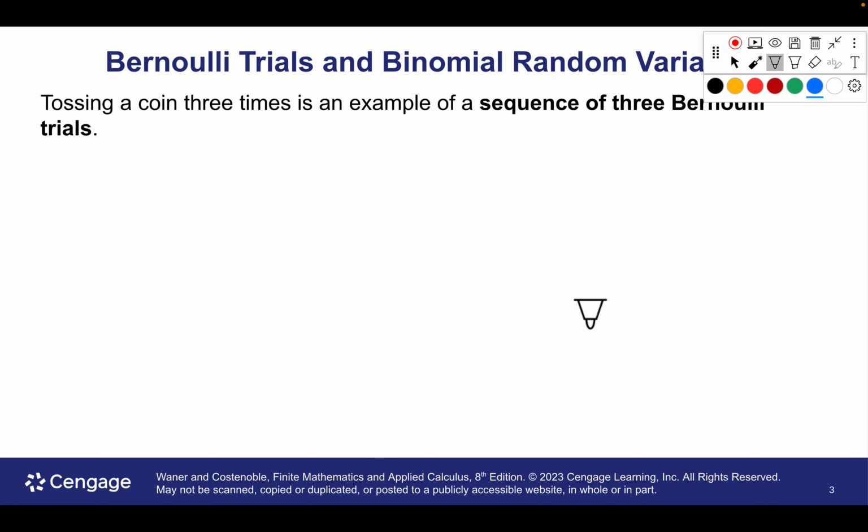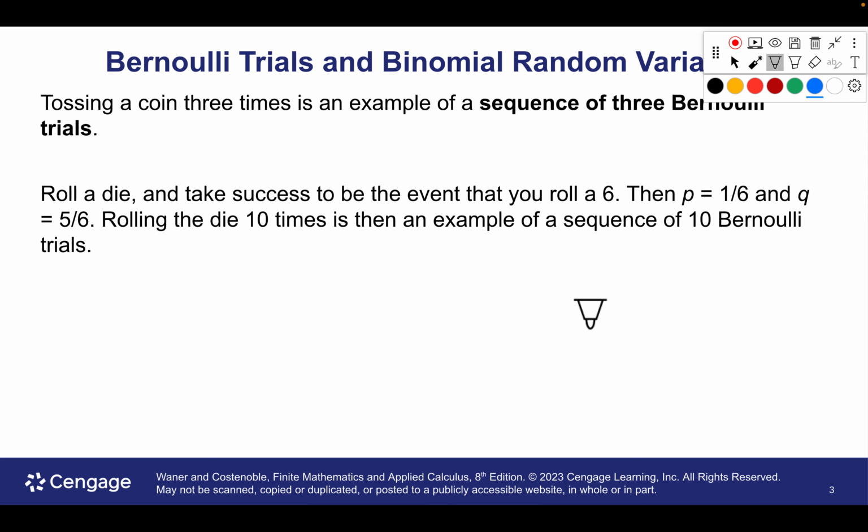So here's the example we'll use. We're going to toss a coin 3 times, a sequence of 3 Bernoulli trials. Or we could roll a die and take success to be the event that you roll a 6. We'll do this one. Assuming a fair die, the probability of rolling a 6 would be 1/6, because you either get a 1, 2, 3, 4, 5, or 6, so 1 out of 6 possible equally likely events.